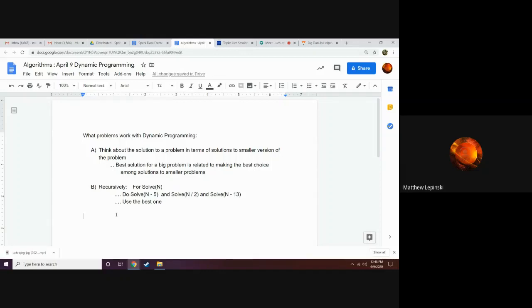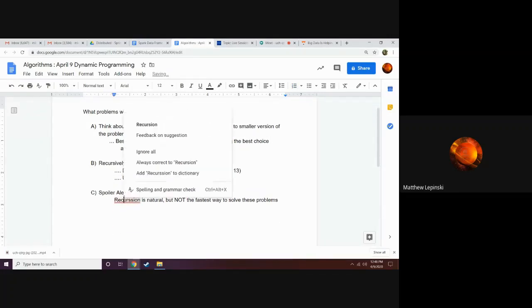Once we get a couple of example problems, then I want to talk about how you actually implement this, because, spoiler alert, recursion is natural, but not the fastest way to solve these problems. I'll get into that later in the live session.